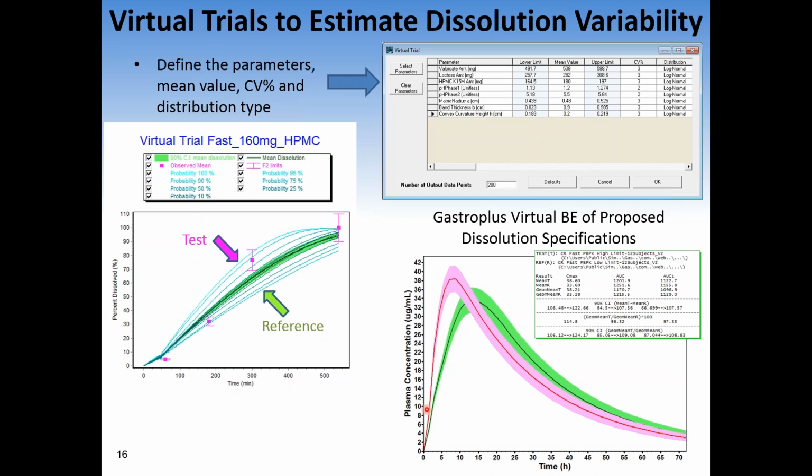So in this case, we ran the test and reference as the high and low dissolution formulation within GastroPlus using the population simulator, and we found that these are bioequivalent. So based on some fairly pessimistic CVs that we used for content uniformity, you would feel that you're pretty safe in this case in passing bioequivalence based on the population simulations.